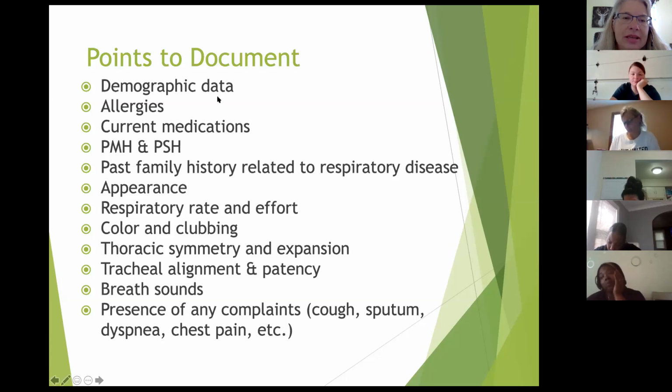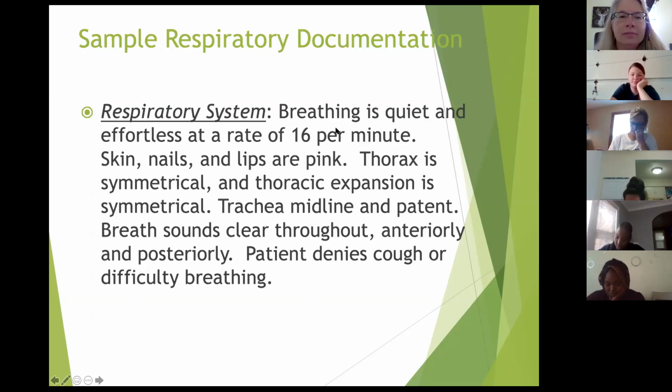So this is what you're going to be documenting, and I believe there is a sample on the next slide. One of the things I didn't talk about, which rolls back to head and neck but is still part of respiratory, is the trachea being midline and patent.